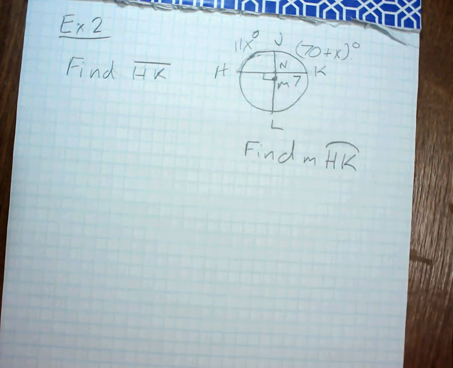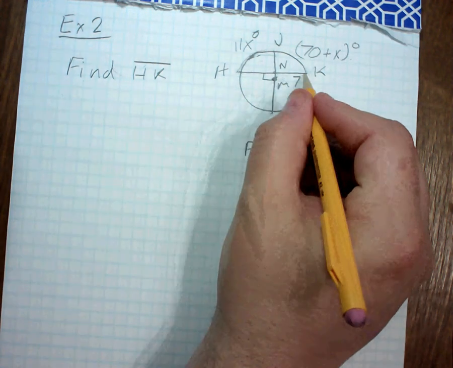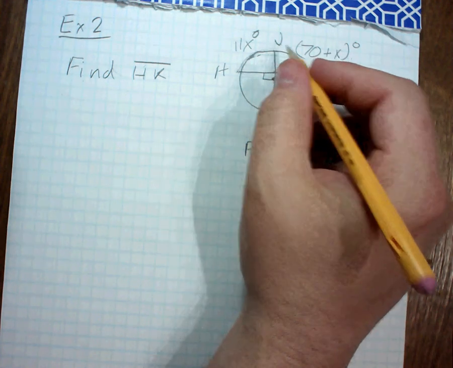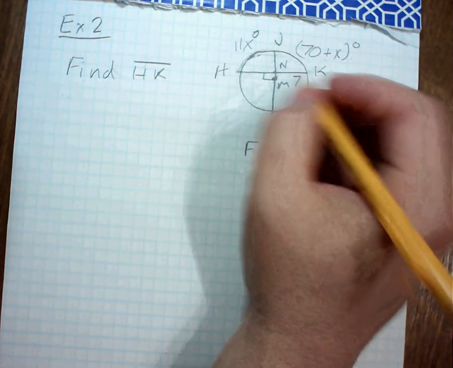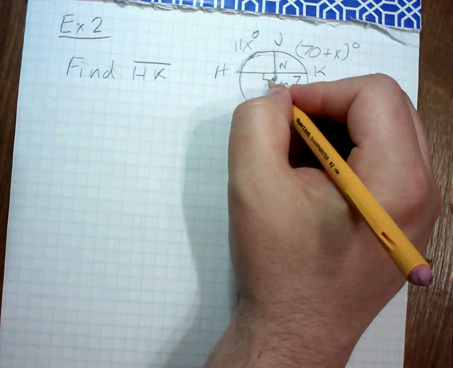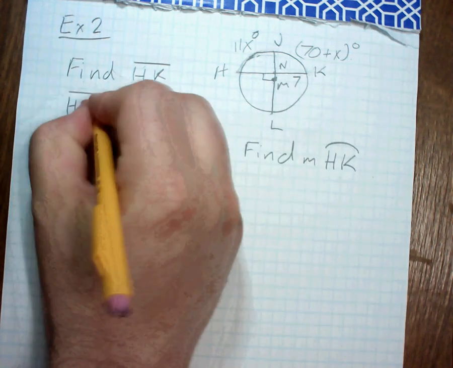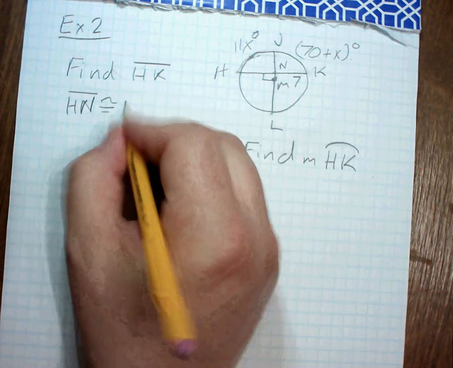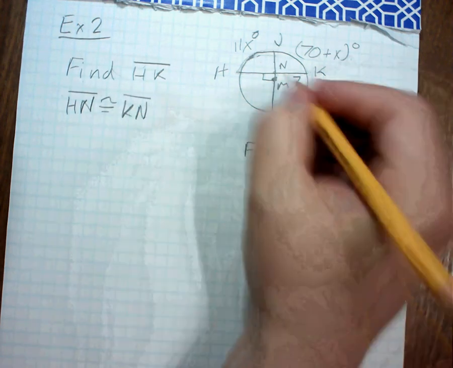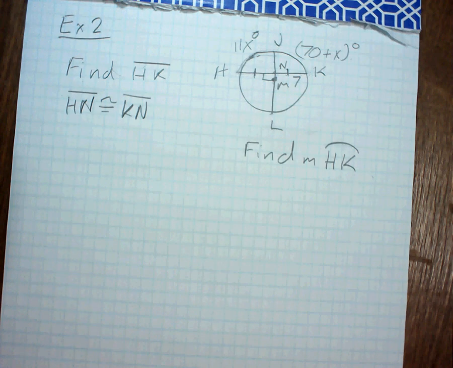Alright, so to find this one, we know that when you have a diameter and this is a perpendicular, in other words, the diameter intersects the chord at a 90-degree angle, then we know that HN is congruent to KN. So this little piece here is congruent to this piece here. That's the perpendicular bisector theorem.